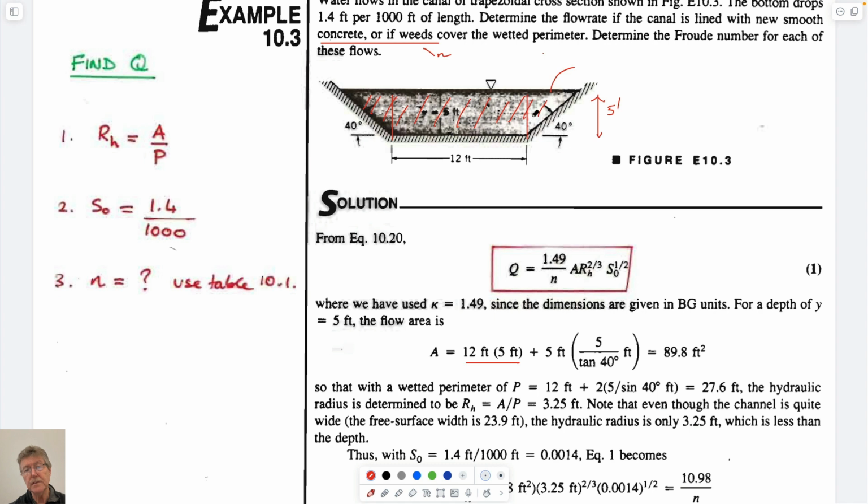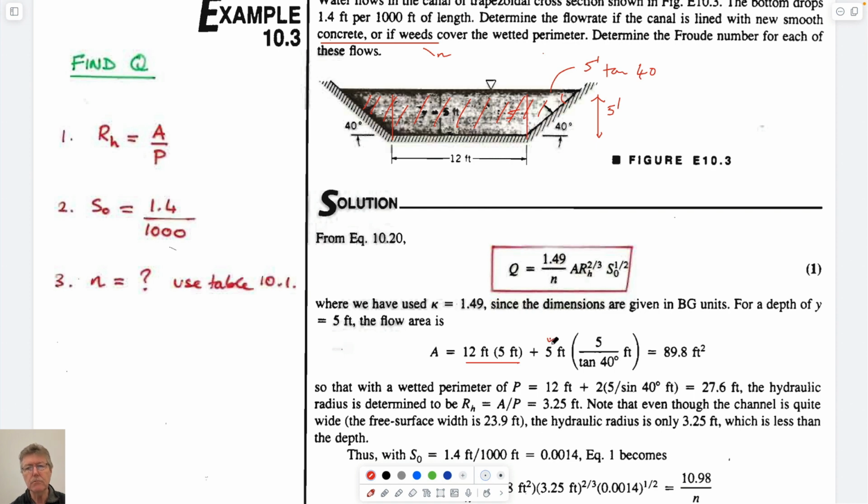So if you know this here, this is going to be 5 feet, and this is 40 degrees. So it's going to be 5.